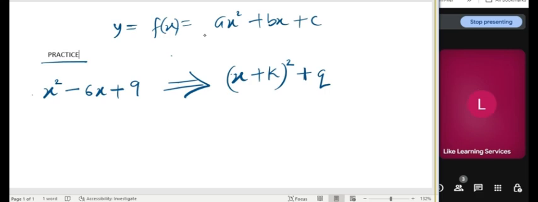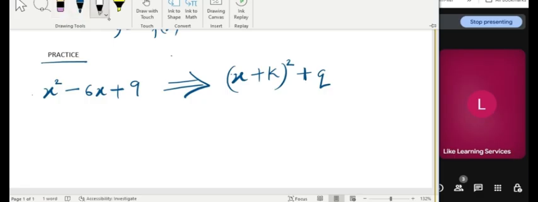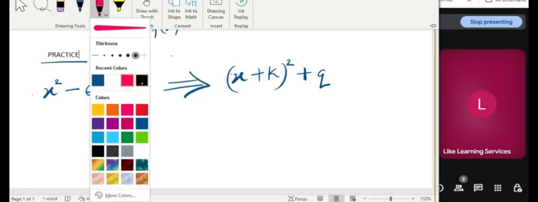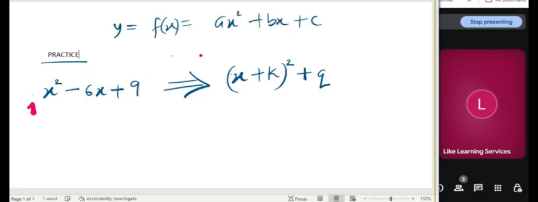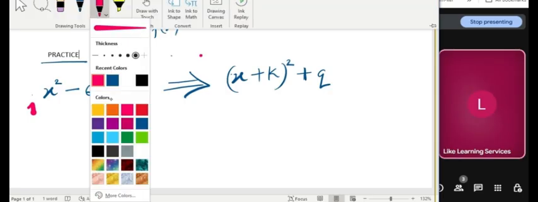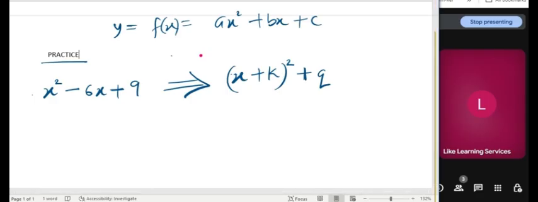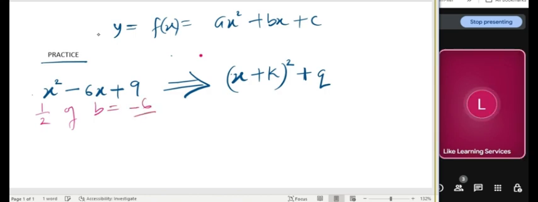First of all, just find half of the coefficient, half of b, and square it, and add to that. So, like you already know, half of b is minus 6 over 2.